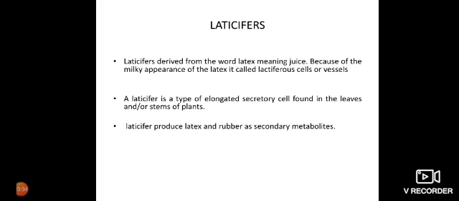The word laticiferous is used as a general term to denote latex secreting structures or latex vessels. It may be a latex duct, latex tube or laticiferous duct. The laticiferous tissues are usually present in the families of many flowering plants.